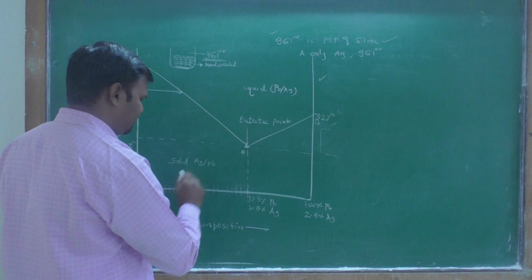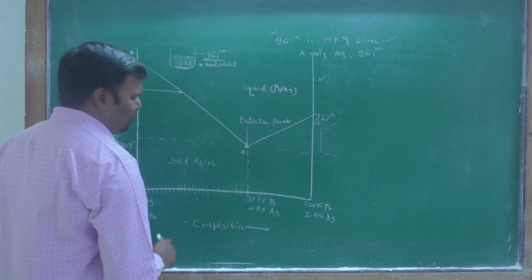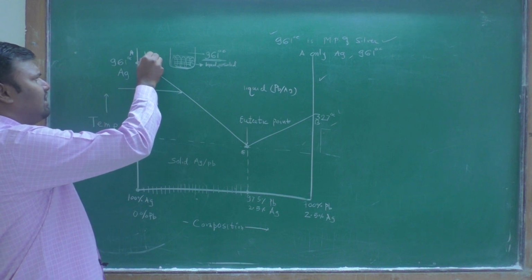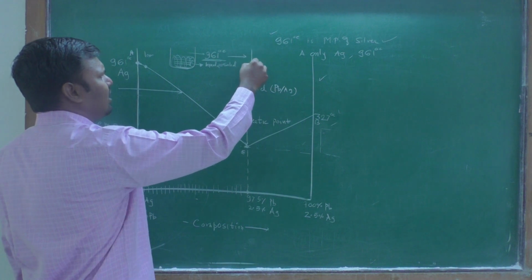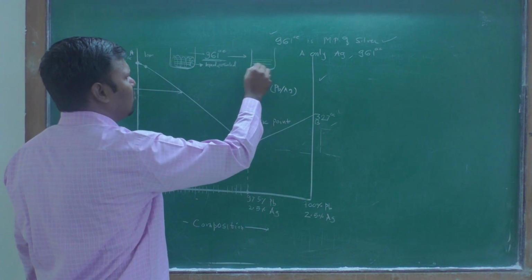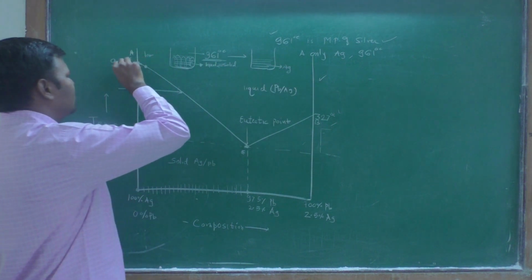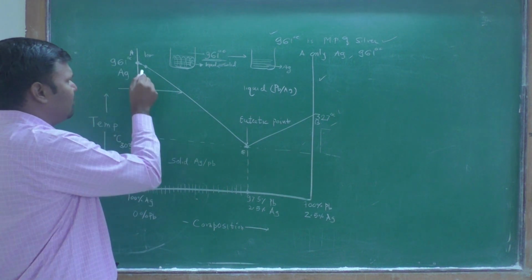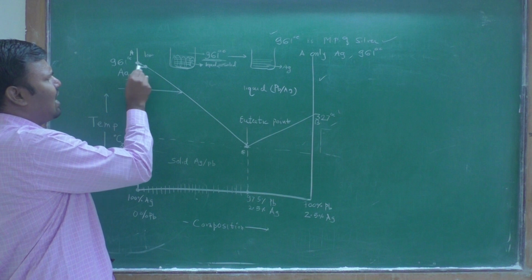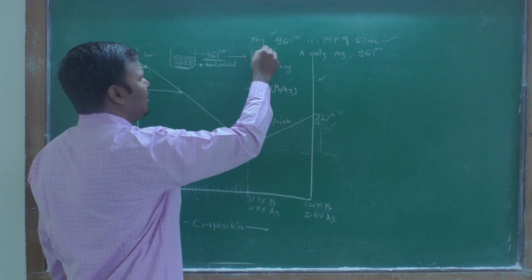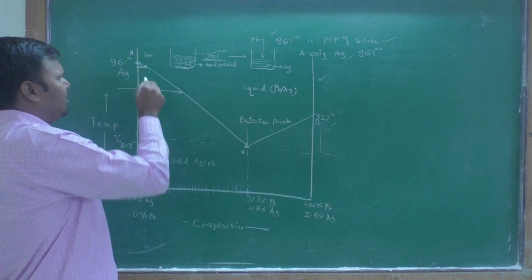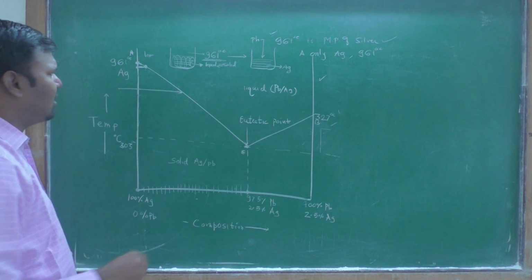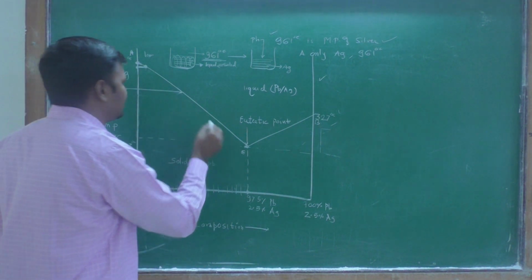At this point there was only Ag at 961 degrees Celsius, and when we added the Pb externally to this system, then its melting point decreases along the curve AC.